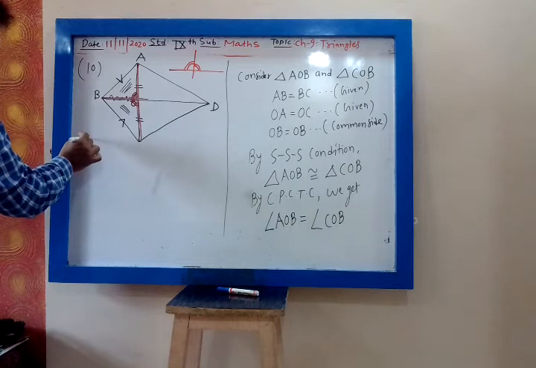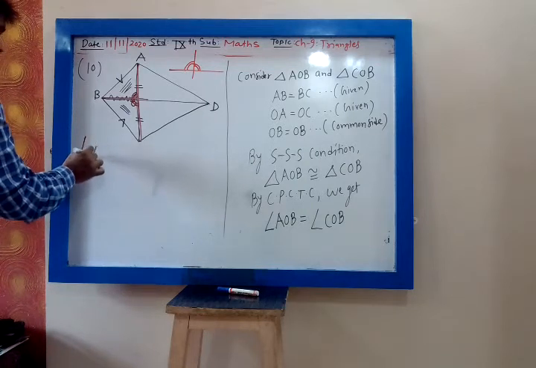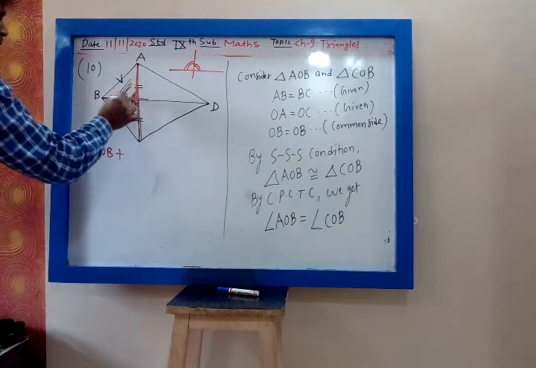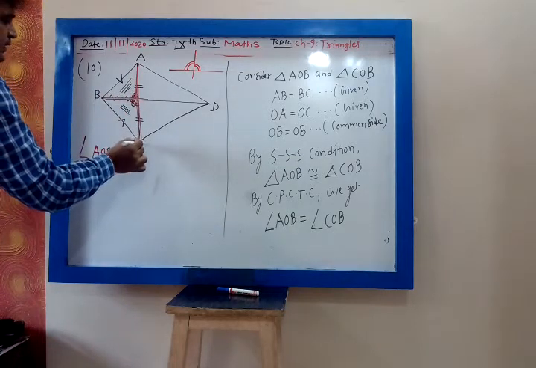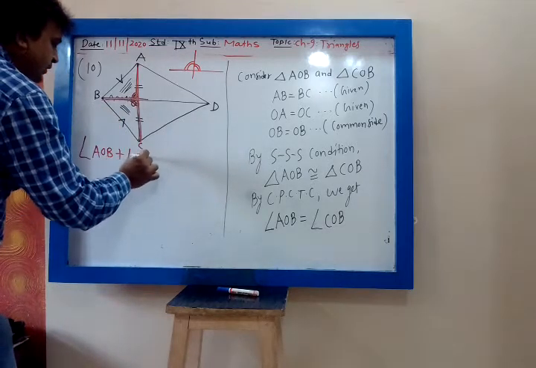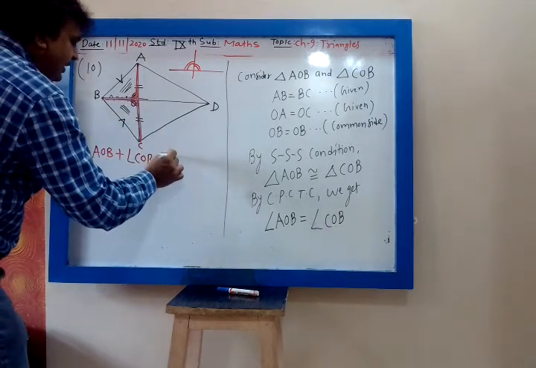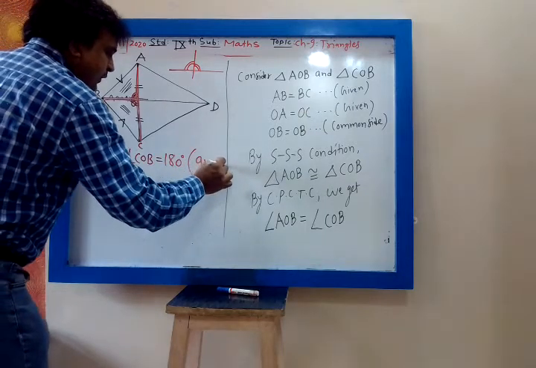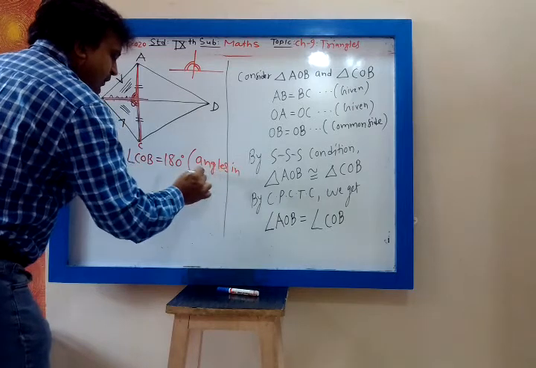So you write angle AOB plus angle COB is equal to 180 degrees, angles in a linear pair.